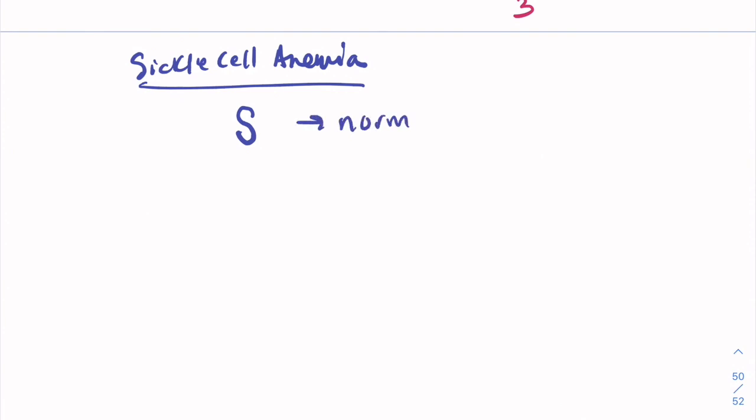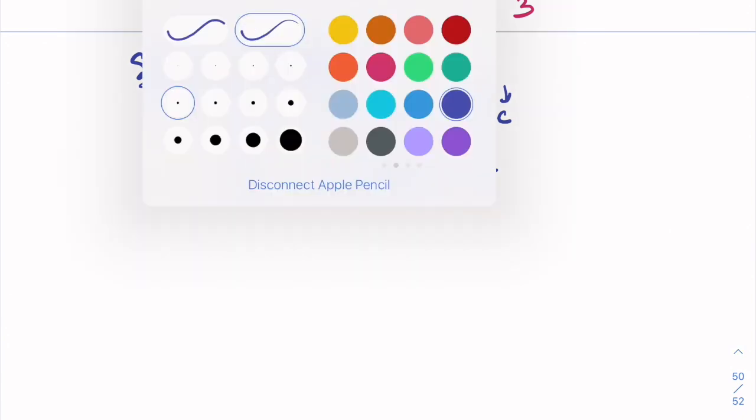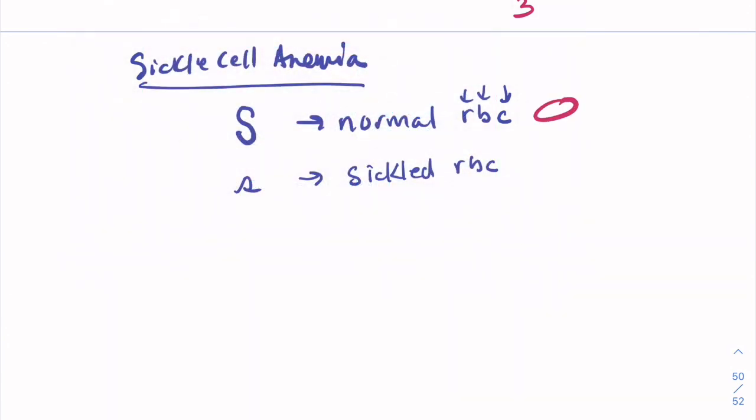So normal red blood cells, let's write RBC for red blood cells, whereas the recessive allele causes a person to have sickled red blood cells. Normal ones look kind of like a disc like that. A sickle means like a little crescent shape. And people with sickled red blood cells don't carry oxygen very well.